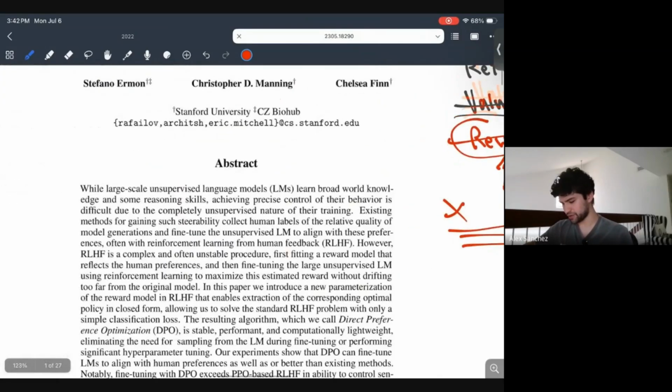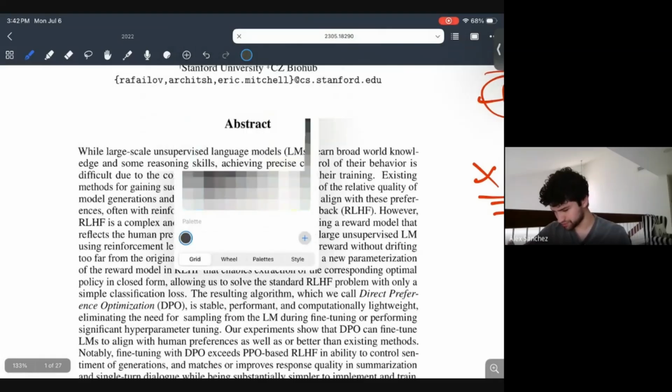And yeah, we'll break that down. So let's start off with the abstract of this paper.